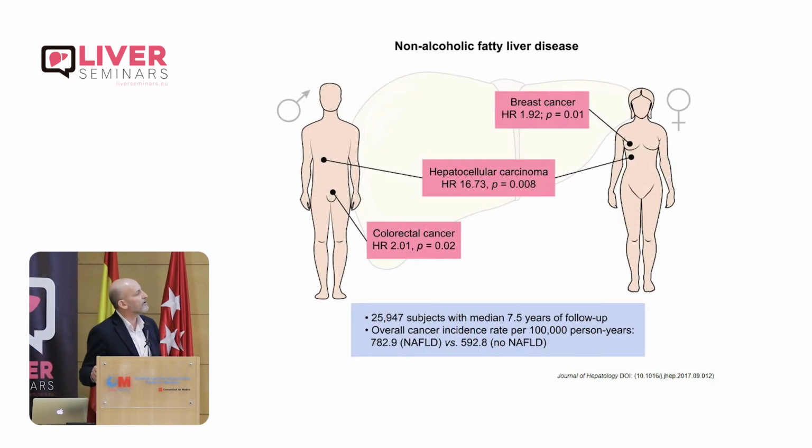And this paper from the Journal of Hepatology last month demonstrated that in patients with NAFLD, more than 25,000 people followed for 7.5 years, the appearance of neoplasms was higher in NAFLD versus non-NAFLD, but especially colorectal cancer was increased by 2 in males, breast cancer by 2 in females, and hepatocellular carcinoma by 16 times in both males and females. Therefore, this disease could promote the appearance of diabetes, chronic kidney disease, but also extrahepatic malignancy.